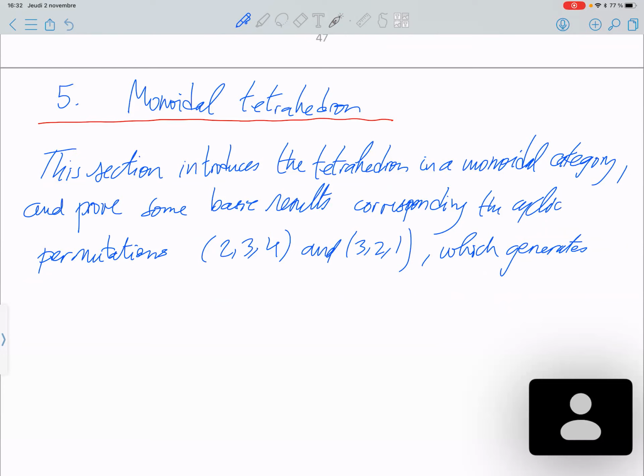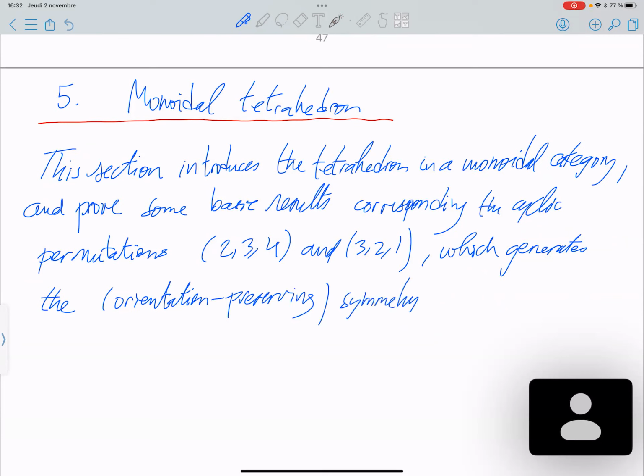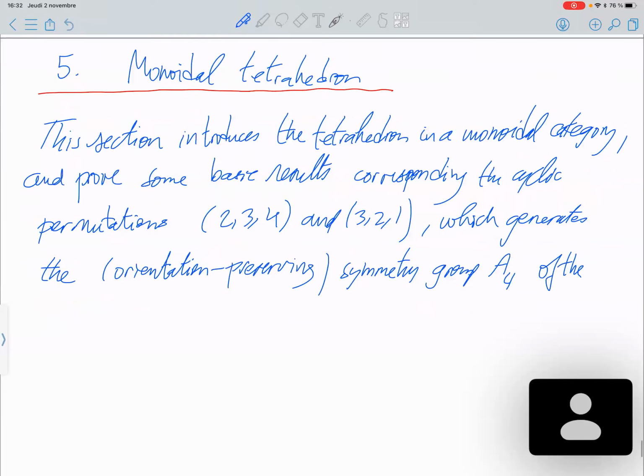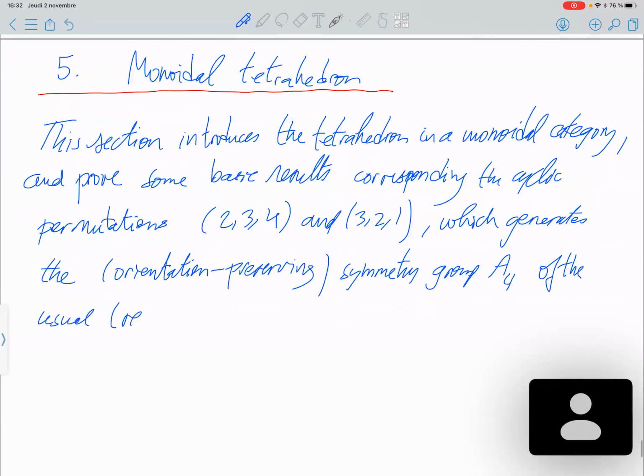More precisely, the orientation preserving symmetry group A4, so the alternating group A4 of the usual, of the regular tetrahedron.